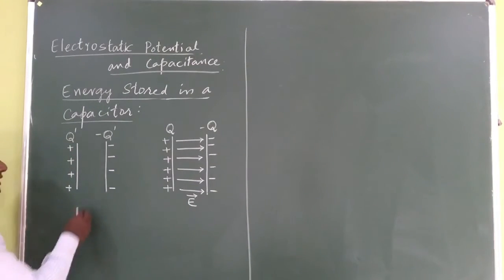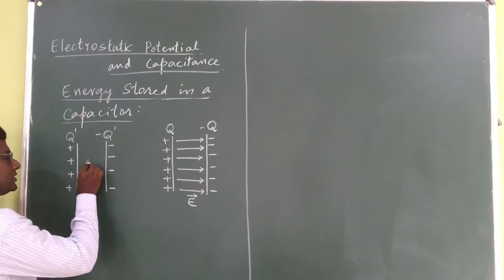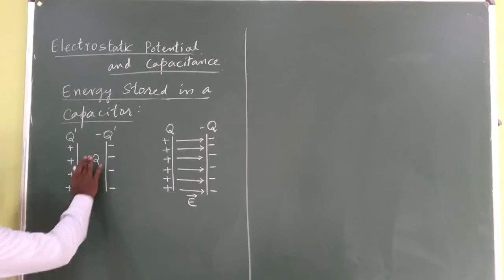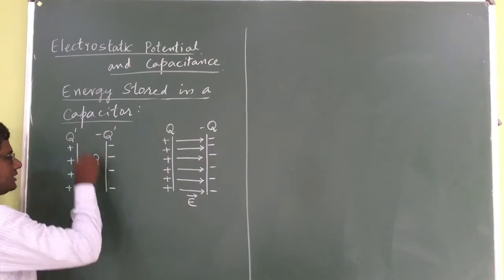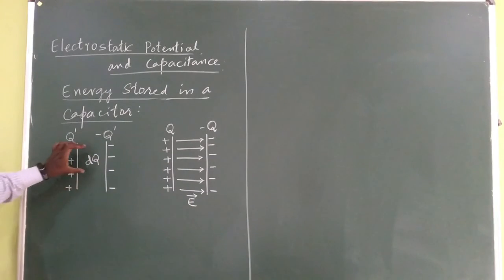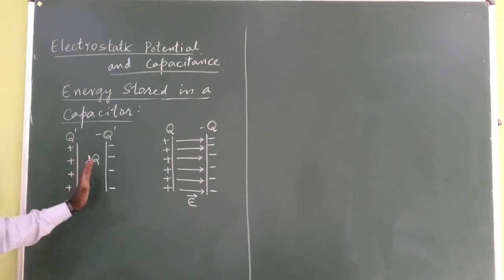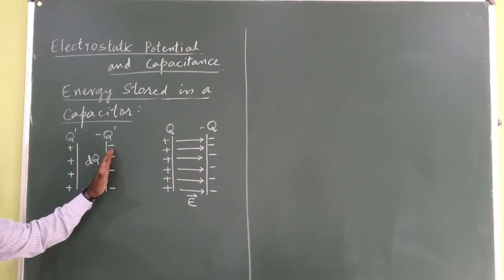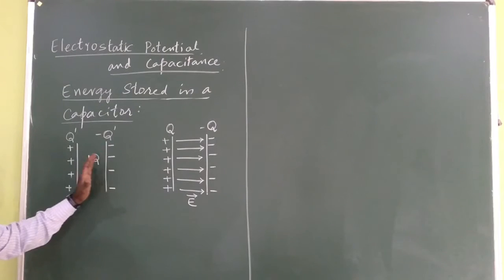What we are trying to do here is take a small charge delta Q, or as a matter of fact, let's just take it as the simple letter dq. That small amount of positive charge is taken from the negative plate and given to the positive plate.